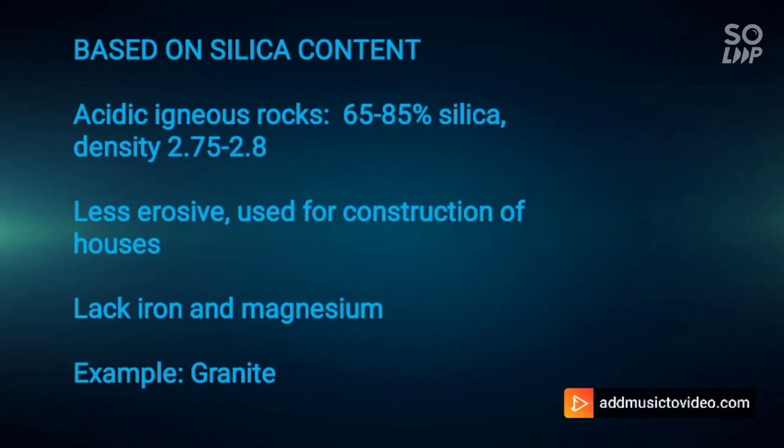Now rocks on the basis of silica content. They are divided into acidic and basic. In rock terminology, if silica content is more, we call it acidic. In acidic igneous rocks, the silica content is 65 to 85%. Density is 2.75 to 2.8.